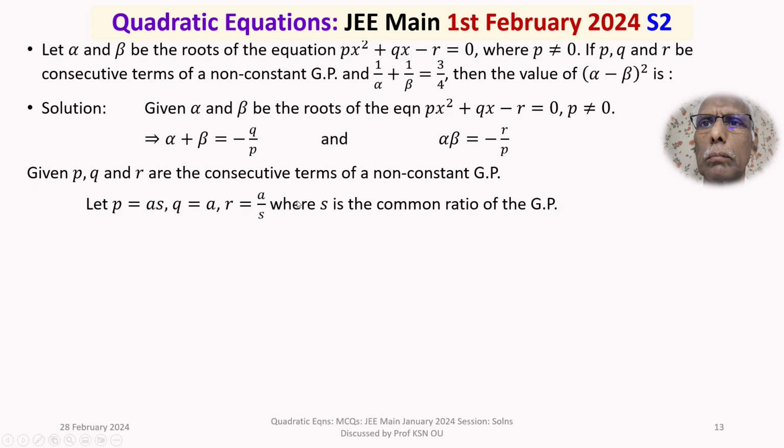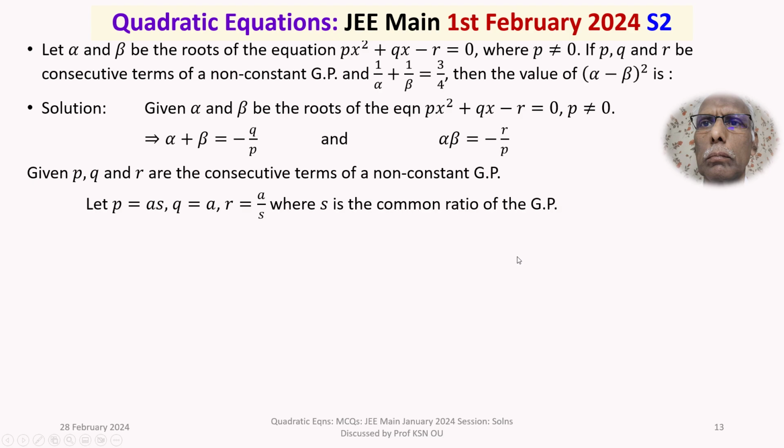Yes, if 3 consecutive terms are given, we will take them like this. S is the common ratio. Normally r is the common ratio, but that r is appearing in this equation, so there would be a clash in understanding. Therefore, we have taken another letter for the common ratio, that is s.